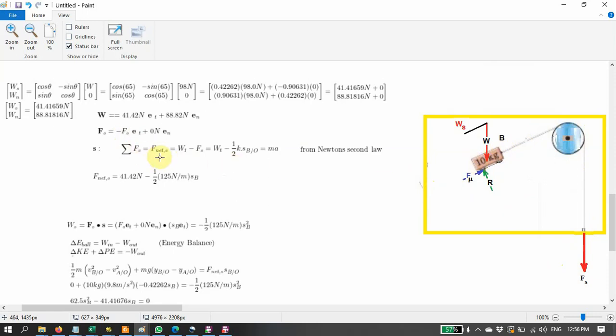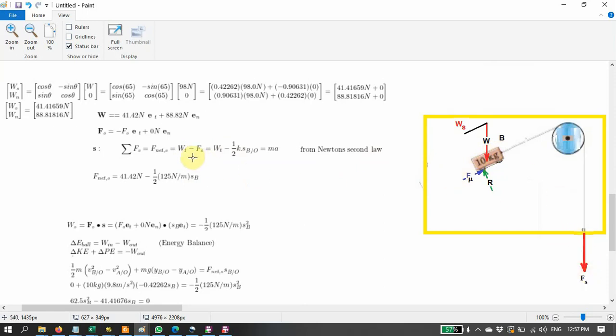So we have the summation of all forces acting on the 10 kilogram mass, which is due to the component of weight in the tangential direction minus the Fs, the spring force, right? Because this one is along the motion, and this one is opposing the motion.